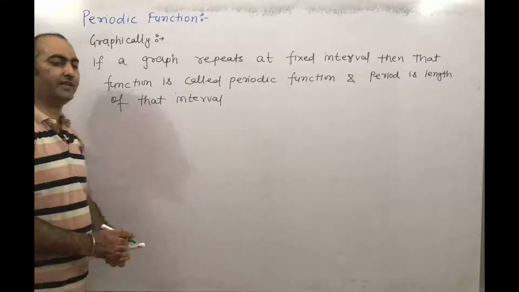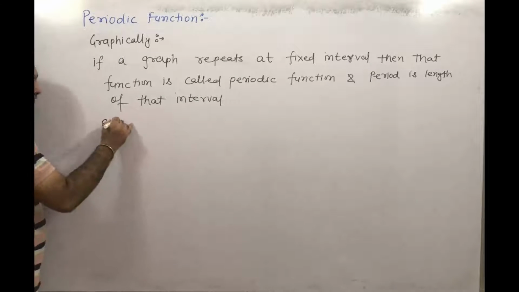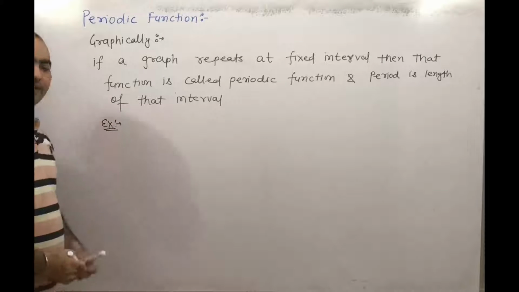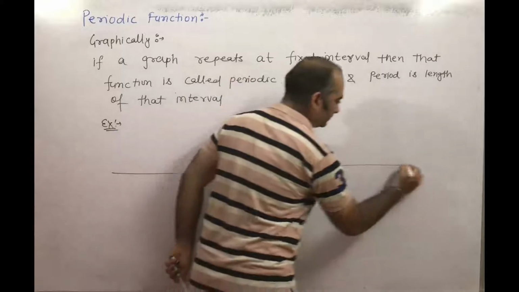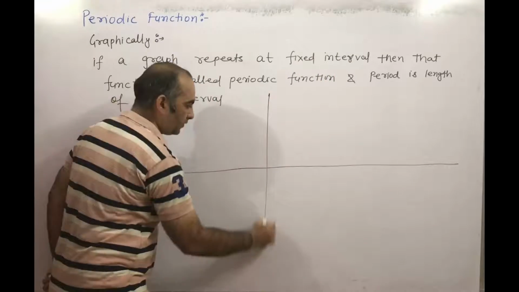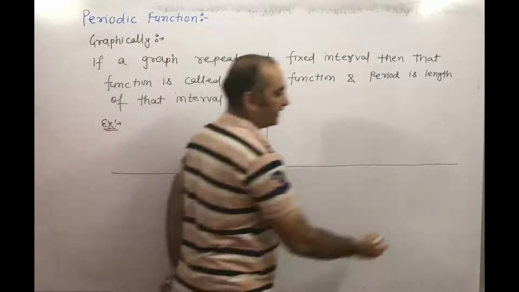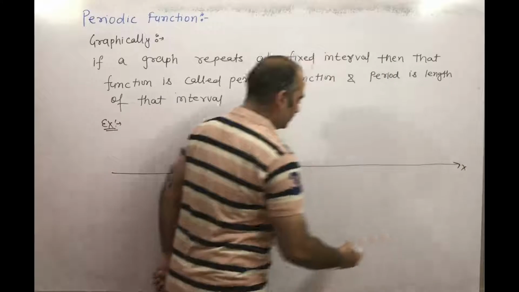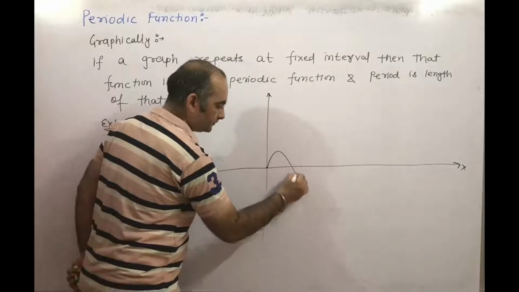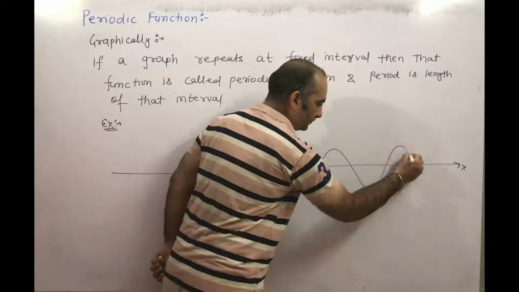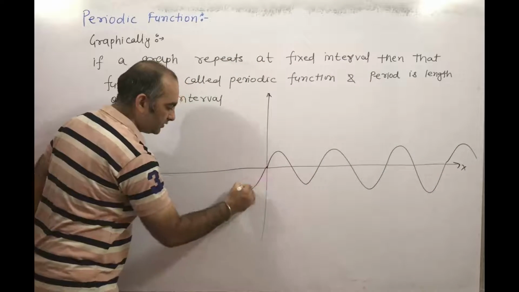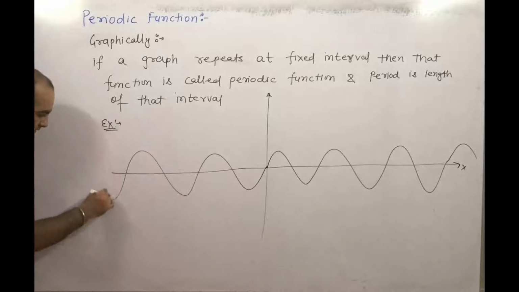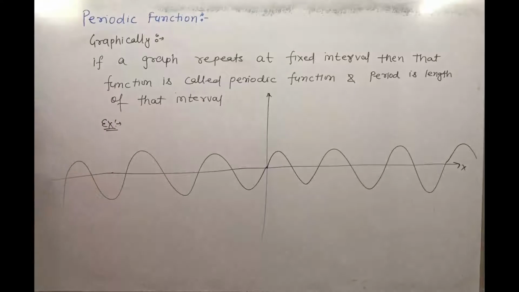Okay, so we are discussing one example. We know the sin x graph. So what is the sin x graph? This is the y-axis and this is the x-axis. So this is the graph that will come, and it is continuously going like that, and this side also it is continuously going like that.